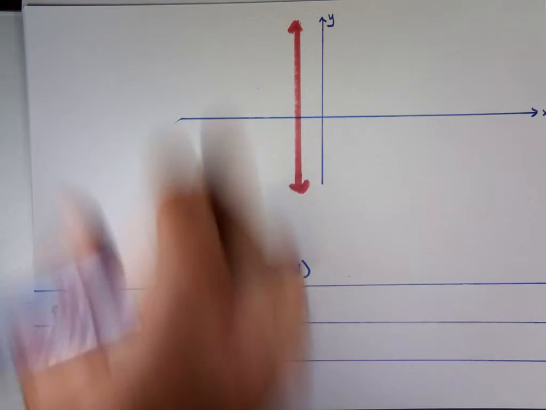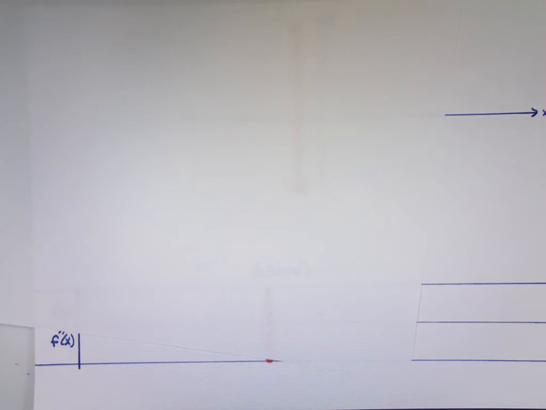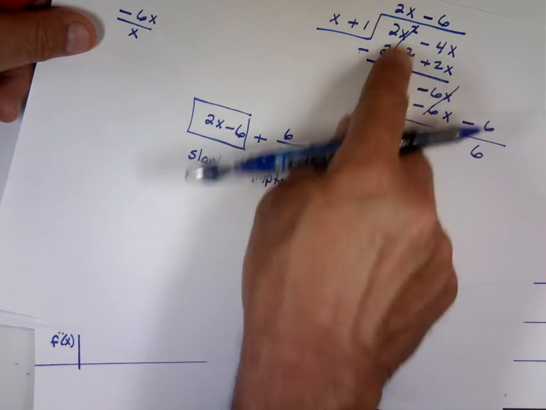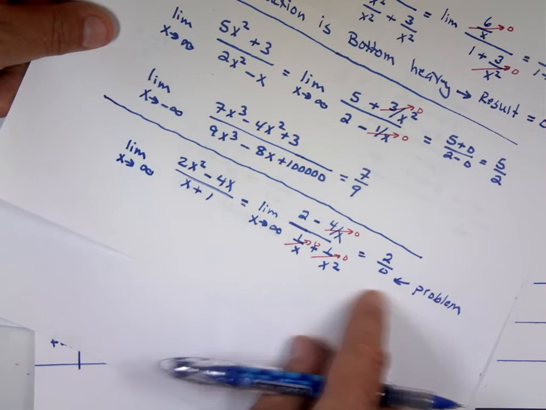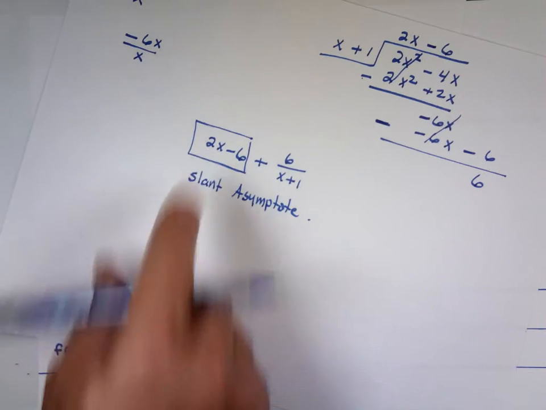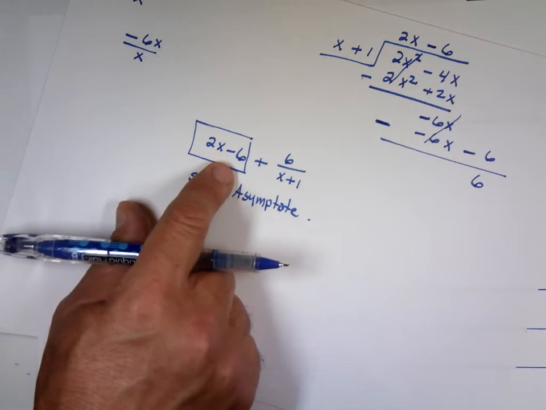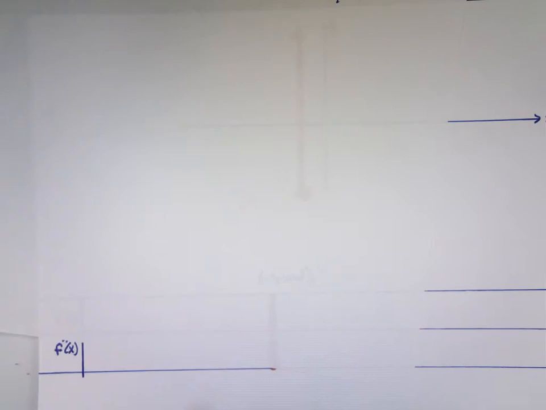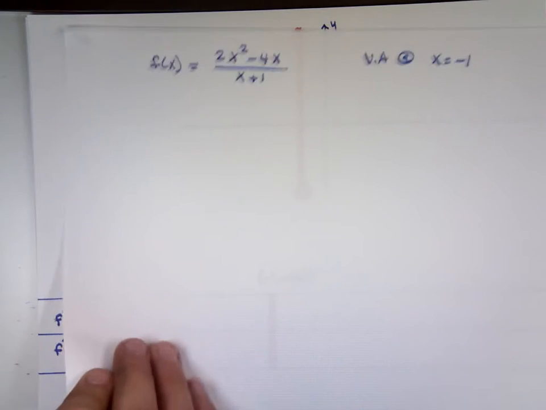I also did this problem for the horizontal asymptote. I said, well, let's find out the horizontal asymptote. I divided that problem. That's how I started the problem. I came up with the slant asymptote of 2x minus 6. So what does that mean, 2x minus 6? So I have a slant asymptote. We just did that.